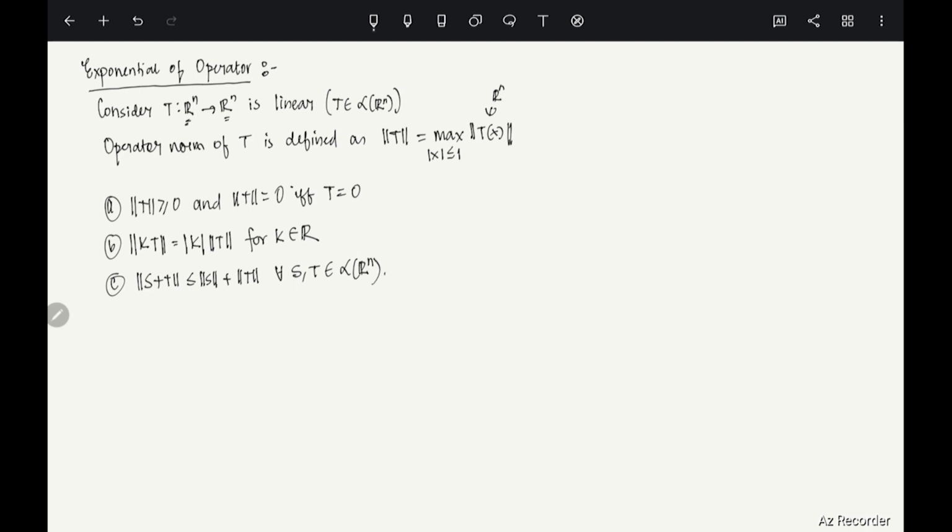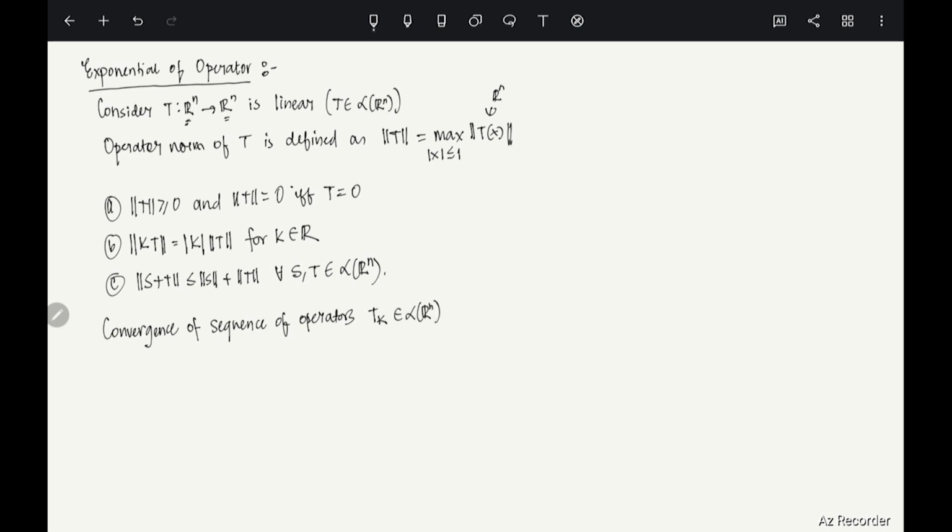Clear? Now we will define something. We have to define some kind of calculus of operators, and to do that we are first going to define convergence, the convergence of a sequence of operators, where each operator is a linear map from Rn to Rn.